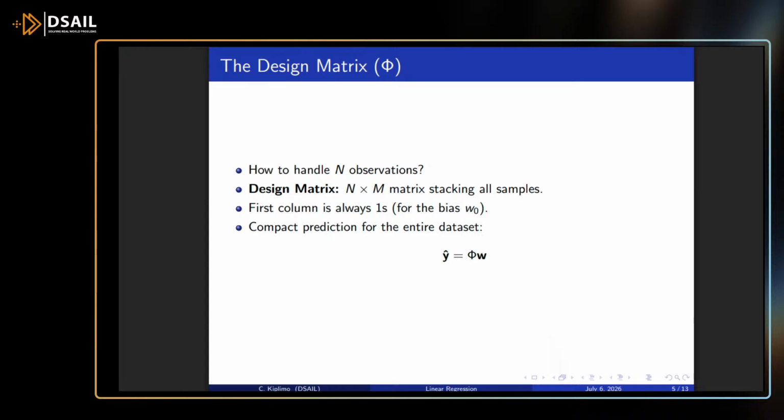Then you have phi 1 of x2, phi 2 of x, and so on, up to phi 1 of xn.